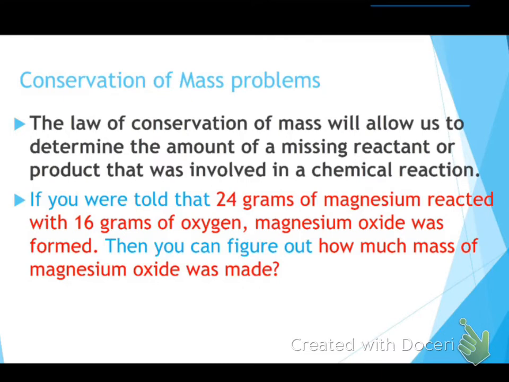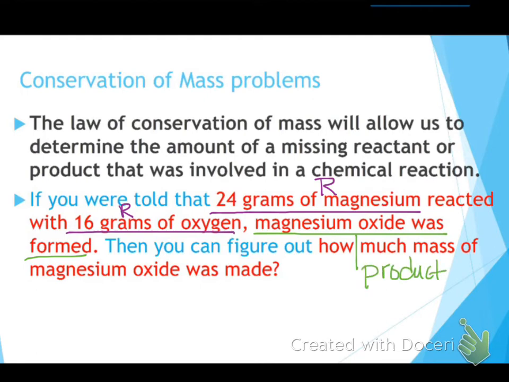Well, we know how much magnesium we had and how much oxygen we had, so we have to have the same amount or an equivalent amount on the other side. So 24 grams of magnesium and 16 grams of oxygen, those are our reactants. Then our magnesium oxide was produced, it was formed, that's our product.